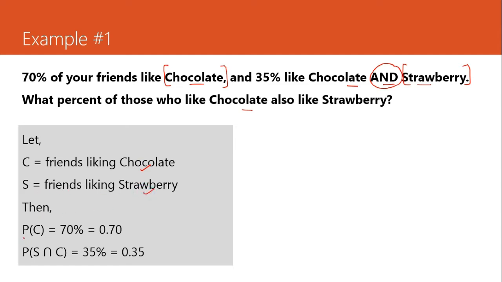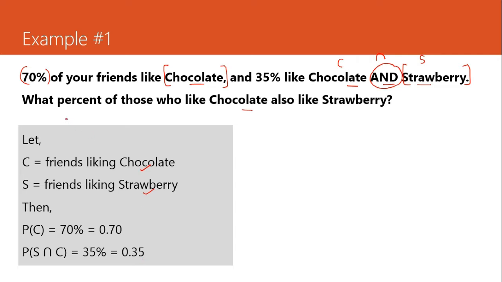Then we have P(C), the probability of friends liking chocolate, which is 70%, as given. And this one, chocolate and strawberry, means C intersection S. Whenever the word "and" is used, that means intersection or joint probability. So the probability of S intersection C is 35% or 0.35.